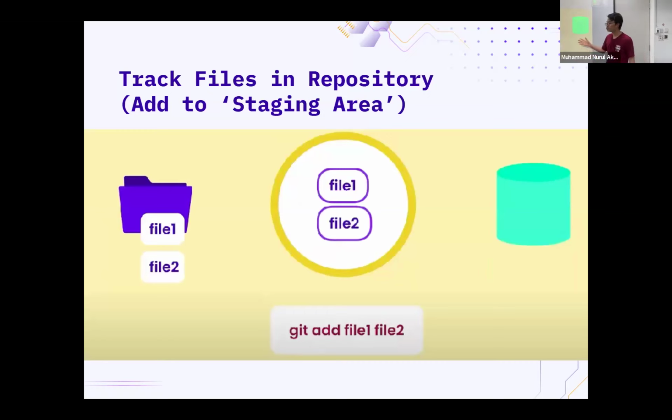So I'm just going to introduce some examples of how to think of these three different places where your code moves. Let's say you have two files, and you are ready to commit those files, to save those files to the local repository. So you add both files to the staging area.